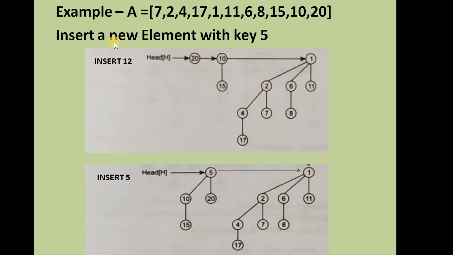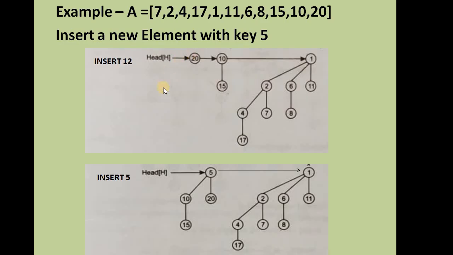So now the last element, insert a new element with key 5. As soon as we insert 5, the property violation will occur because the heap with 5 has degree 0, and 20 has degree 0. So we need to link them, seeing the key values. 5 is smaller, 20 is larger. So 5 will remain the root and 20 will become the left child of the 5.